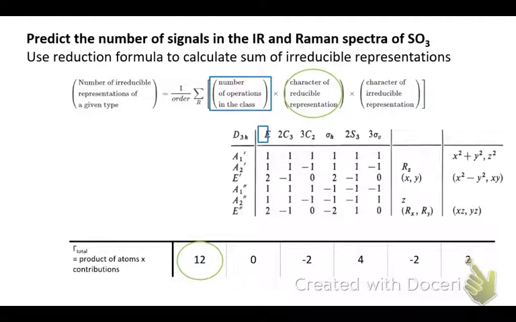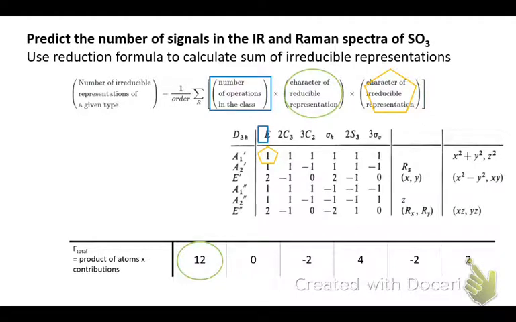For example, for the E, the character of that reducible representation is 12, the first column, times the character of that irreducible representation, which in the case of the A1 prime is 1. And then we work through. We go to the C3, where the number of operations in the class is 2, the character of the reducible representation is 0, and the character of the irreducible representation is again 1.